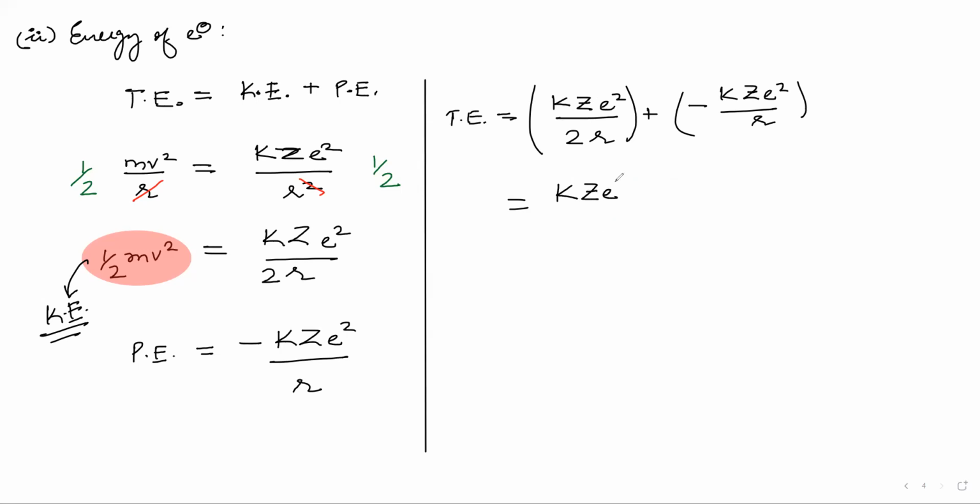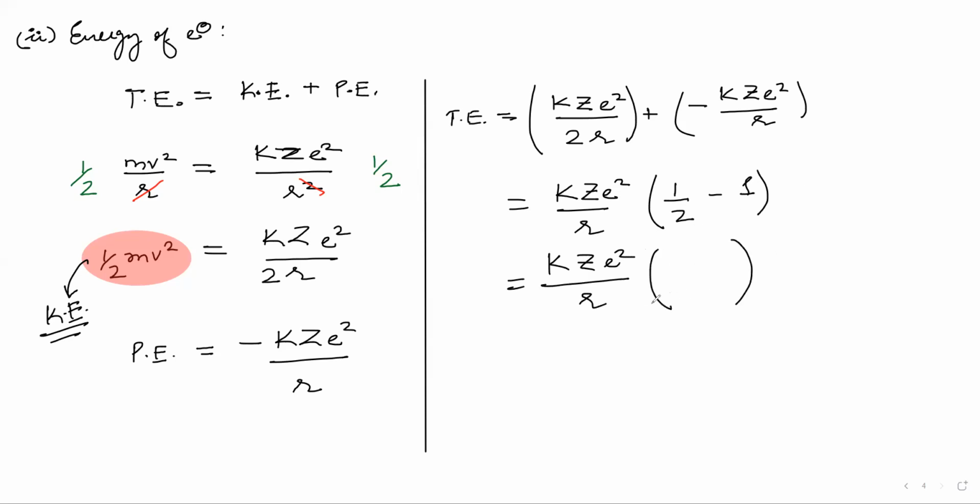Okay, kz E square divided by R. I took it common. Then I had 1 by 2 minus 1. So what did I write? I would write kz E square divided by R. Now tell me, half minus 1, what will be the answer? Minus half.